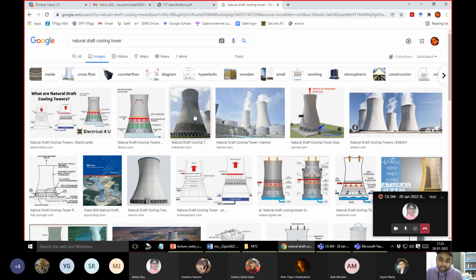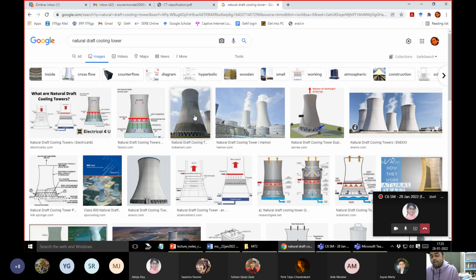But they are easier to design and to set up. This is the reason why they still exist. They are just a straight cylinder like a chimney. But in the case of the natural draft, the base is really big, and that enhances the natural flow of air through these towers.